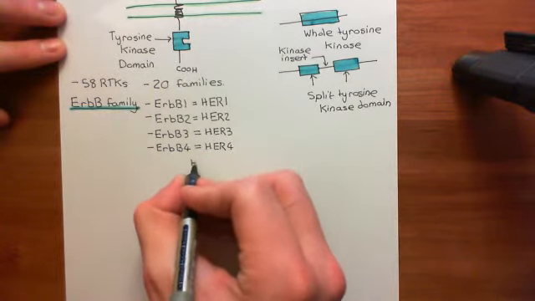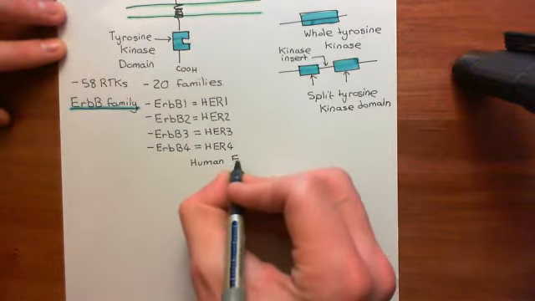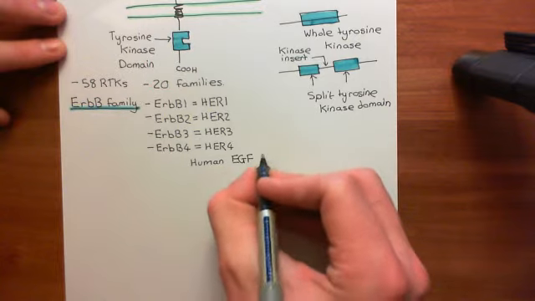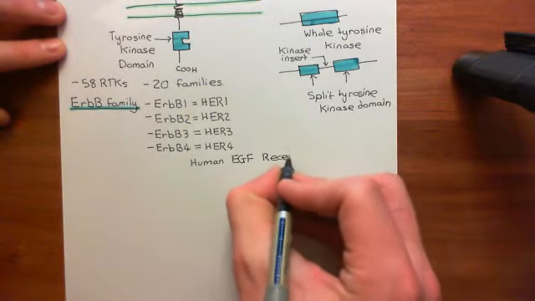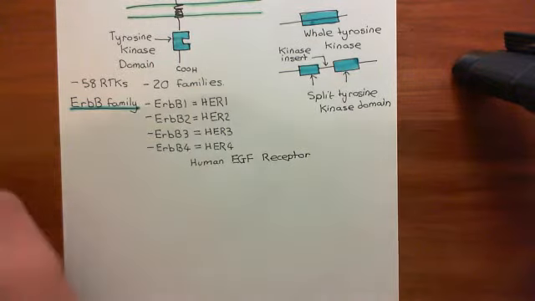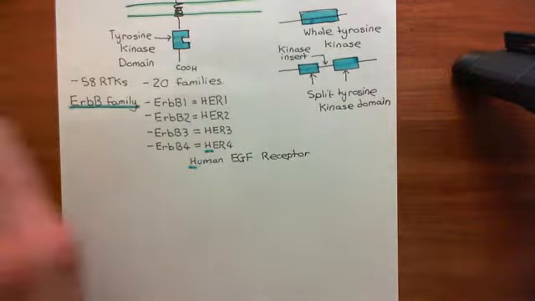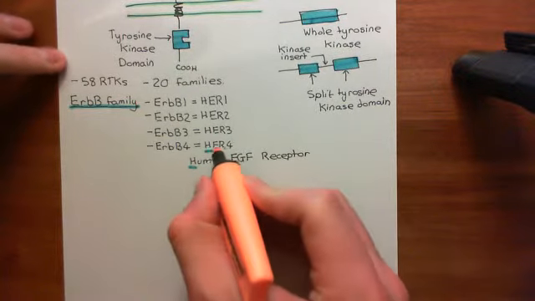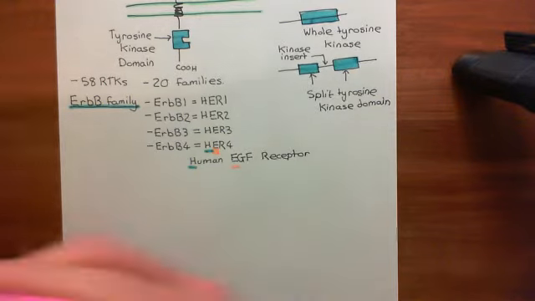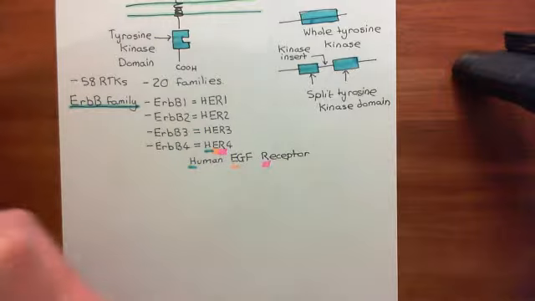Now, what does HER stand for? HER stands for Human Epidermal Growth Factor Receptor, and I'll abbreviate epidermal growth factor to EGF for now. So the H is for human, the E is for epidermal growth factor, which tells us beautifully what the ligand for all of these receptors is, and the R is for receptor, so HER receptors.